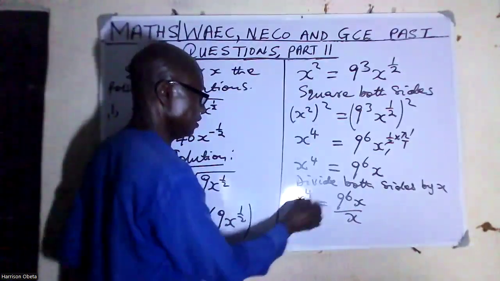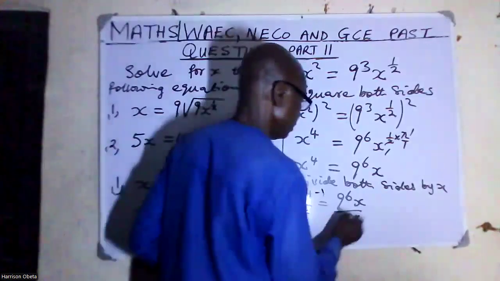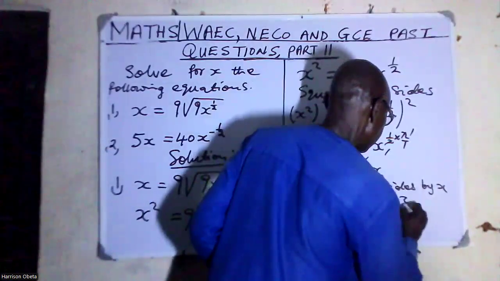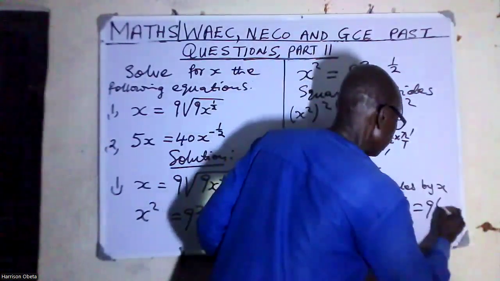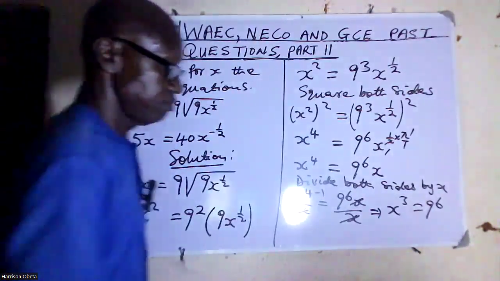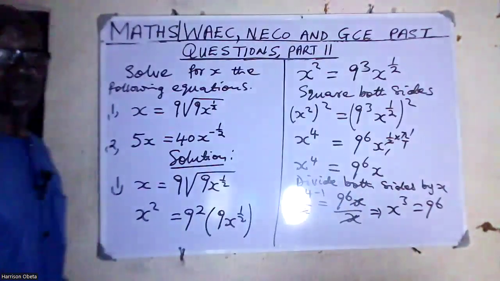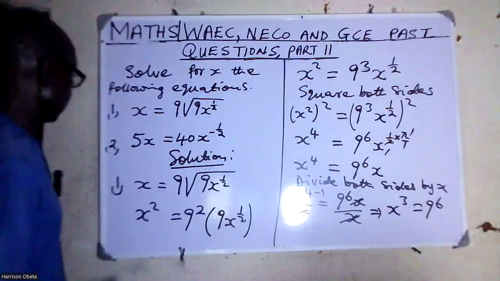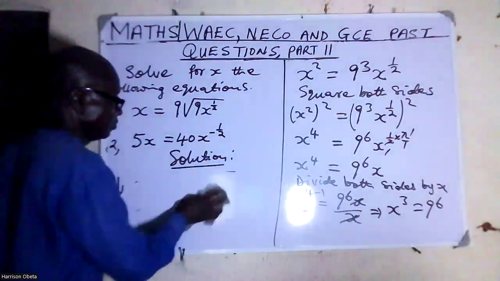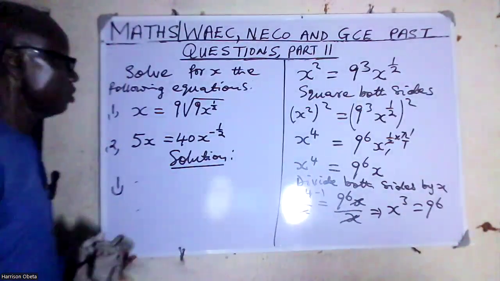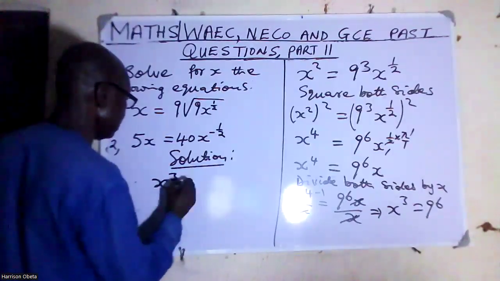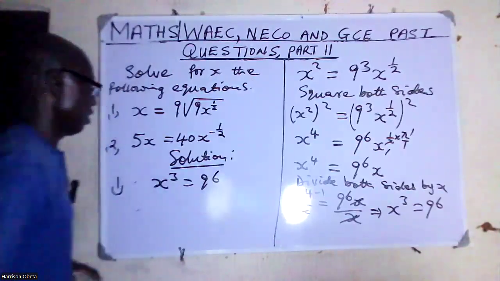So when you divide, remove 1 here, and this will lead us to x raised to the power 3 is equal to 9 raised to the power 6. So from there, coming back, we are now going to have x raised to the power 3 is equal to 9 raised to the power 6.